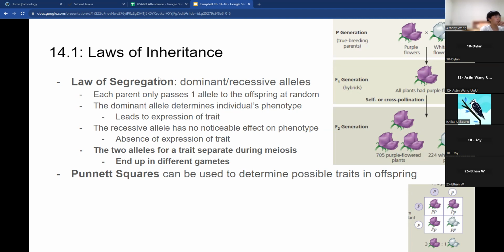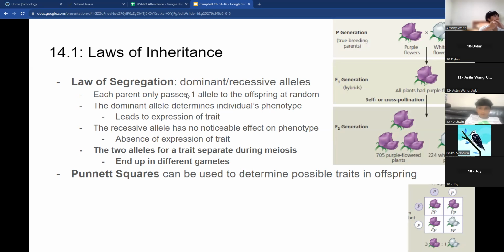Laws of inheritance. Mendel came up with a few theories, laws that govern how genetics works. One of which is the law of segregation. This has to do with organisms having two sets of chromosomes.